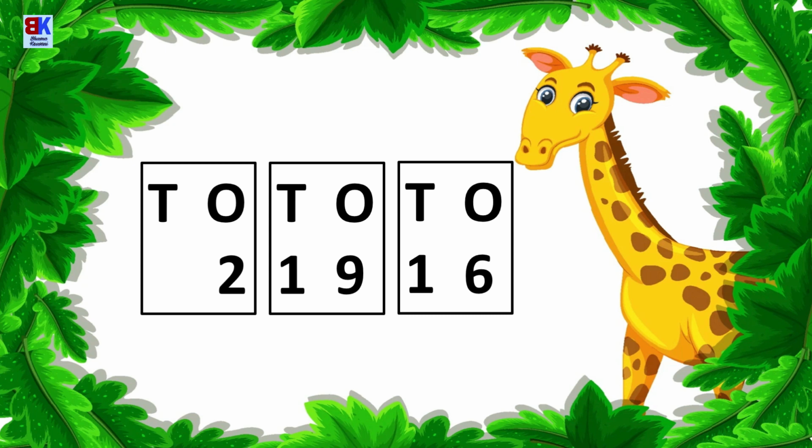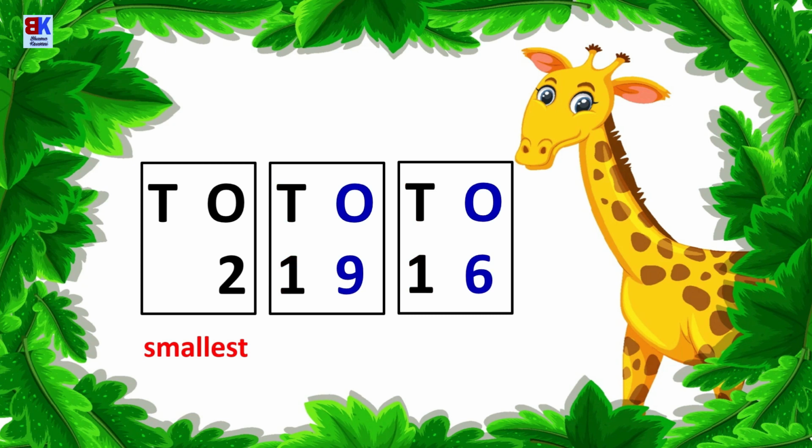2, 19 and 16. Going by the first rule, we can see that we have a single digit number 2. So automatically we come to know that the smallest number is 2. Then when we check the tens place, both the numbers are having 1 tens. So let's go to the third rule, which is checking the numbers at the ones place.